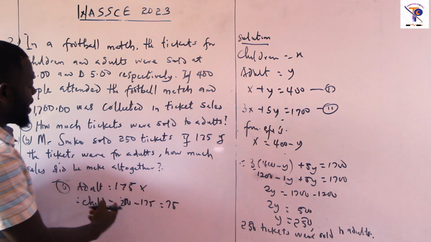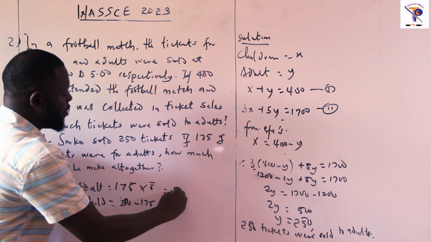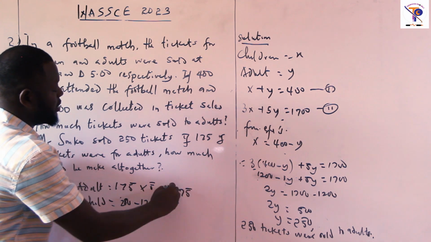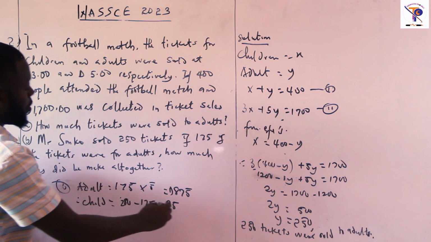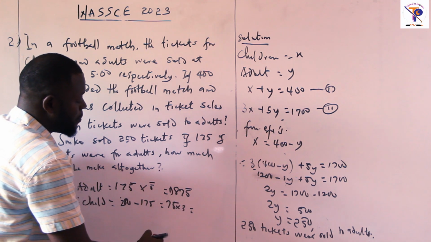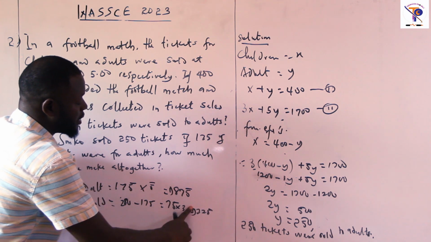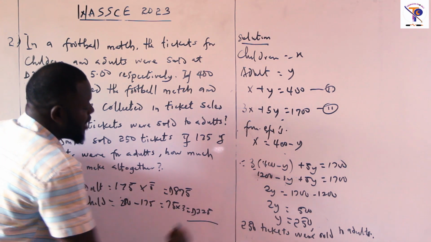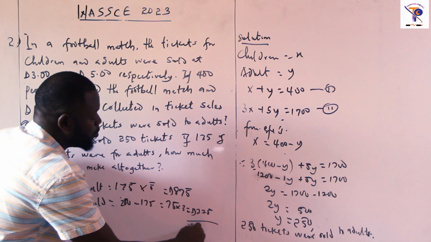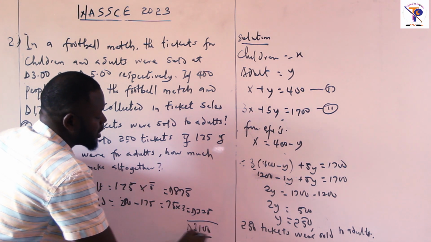So if you multiply this one by 5, it will give you 875 naira, and we multiply this one by 3, it is going to give you 225 naira. That is our unit. So adding everything together, we have 1,100 naira according to the calculation.